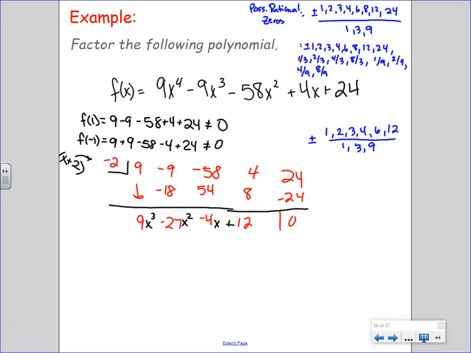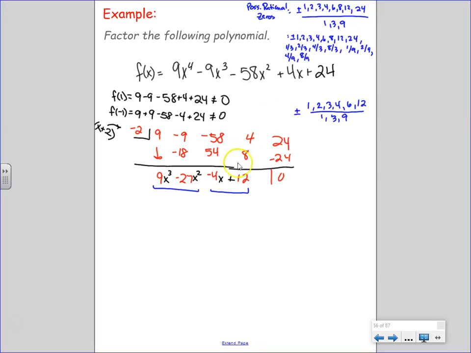What did you notice about what we're doing? It's hard, but we just noticed what? Do we have to go through that process and try to find another one that works? No. What can we do? Group. So pull out that 9x squared. I just wanted to let you know how to keep going if it didn't work.